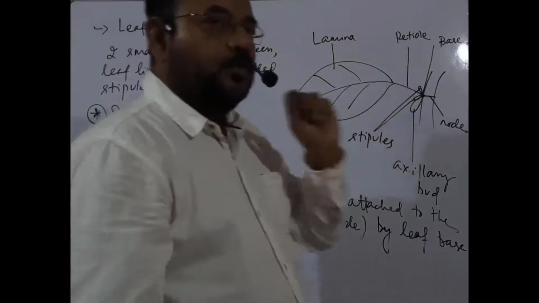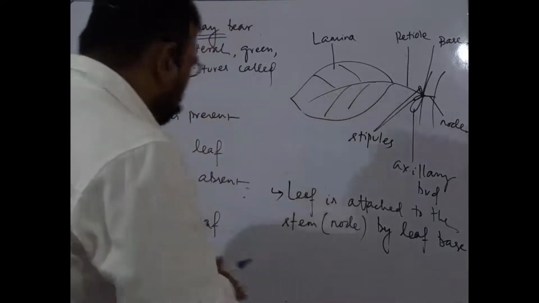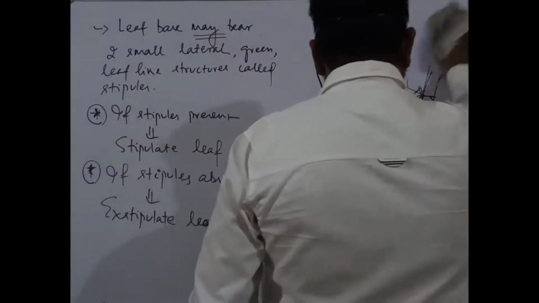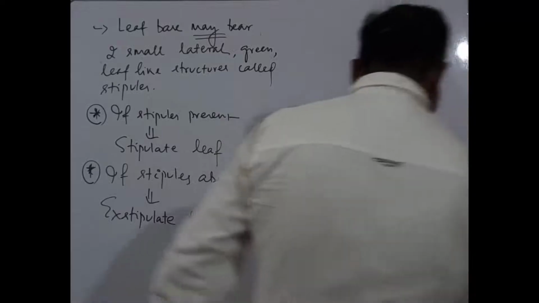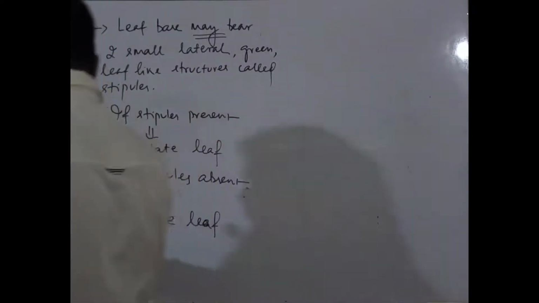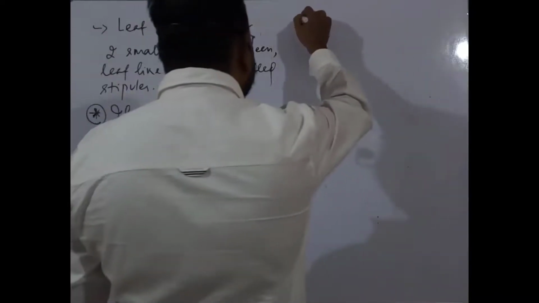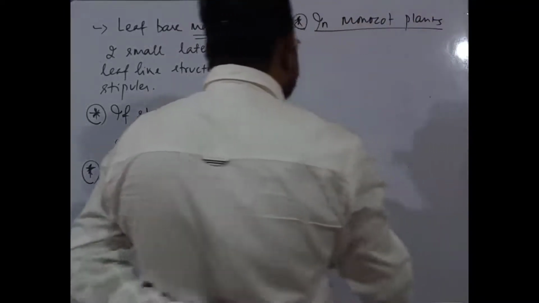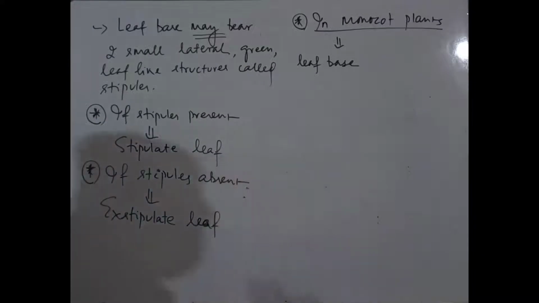और लीफ बेस का यहां पर दो टाइप का modification हुआ है. एक है pulvinus, दूसरा है sheathing leaf base. सो monocot में sheathing leaf base दिखाई देता है. सो ये एक important point है. In monocot plants, leaf base is expanded a little. Leaf base थोड़ा सा expand हुआ है और एक sheath like covering किया है.